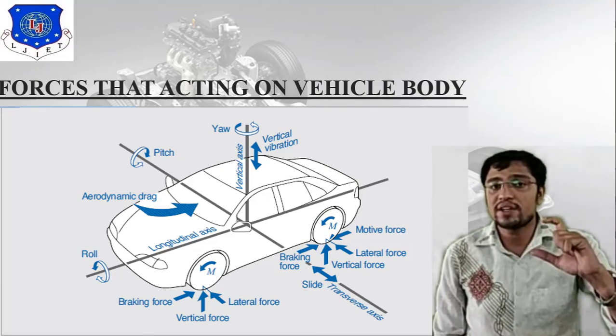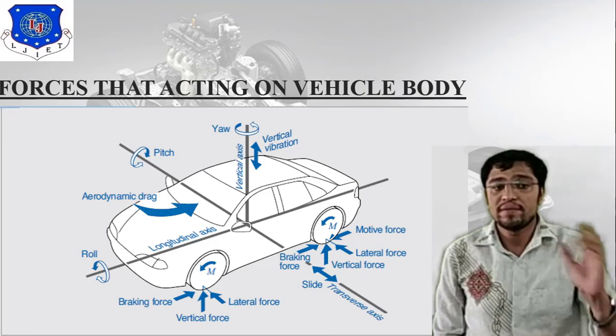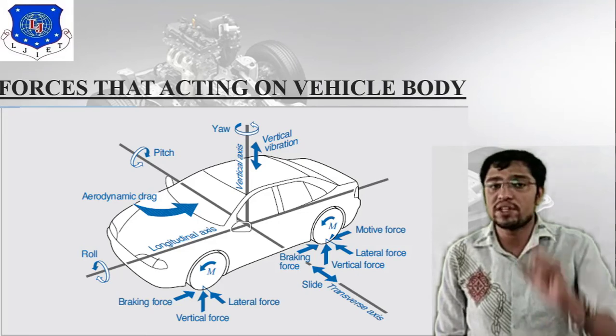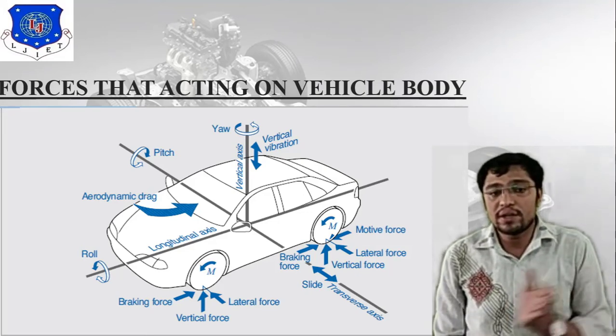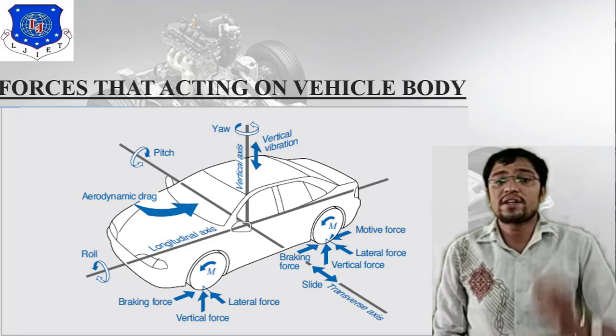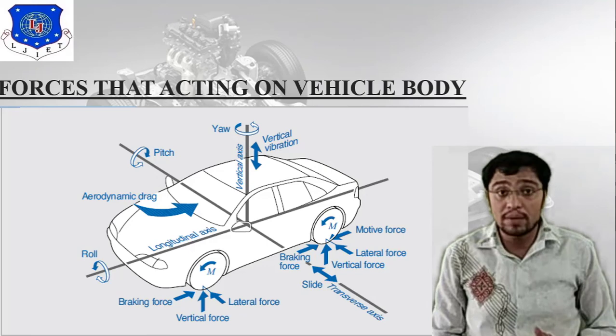In the vertical axis you will get vertical force, or you can say support force, right? In the longitudinal axis you will get thrust force and friction force, right? And in the transverse axis you will get lateral force. So these are the main forces acting on the vehicle body.